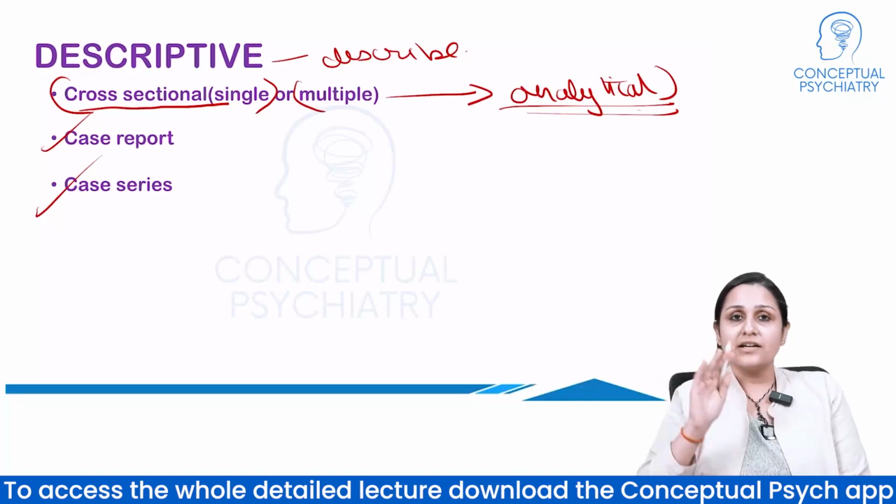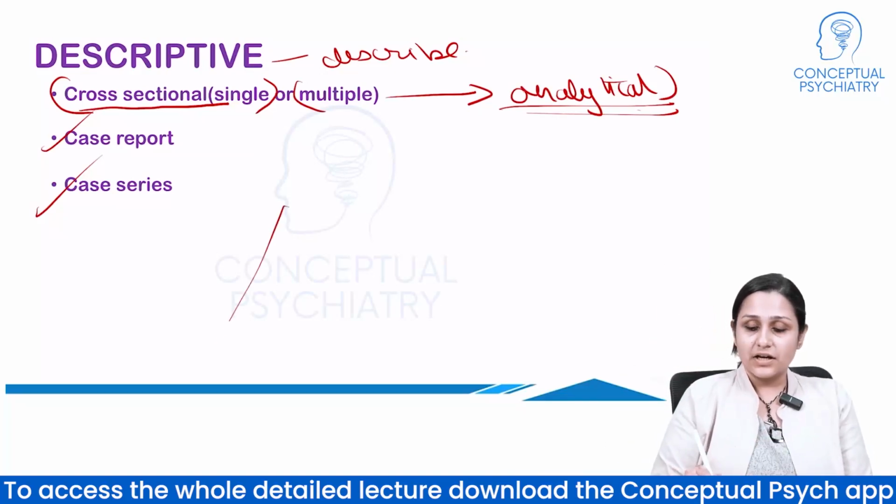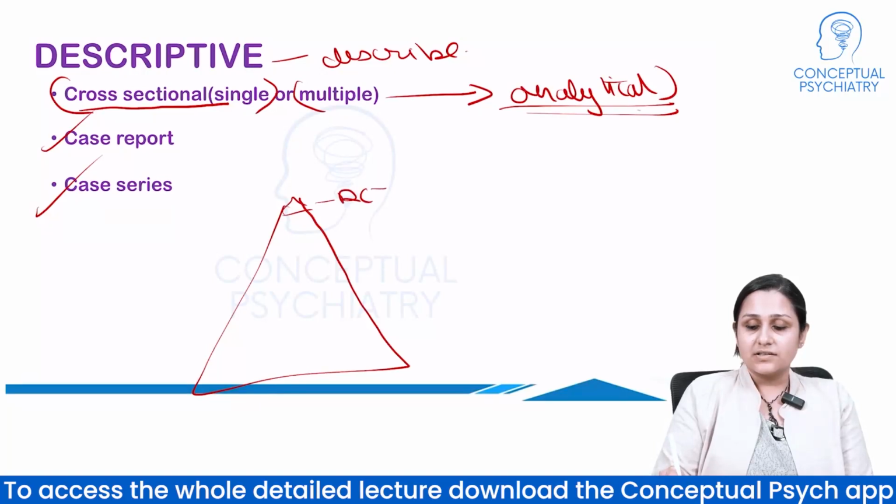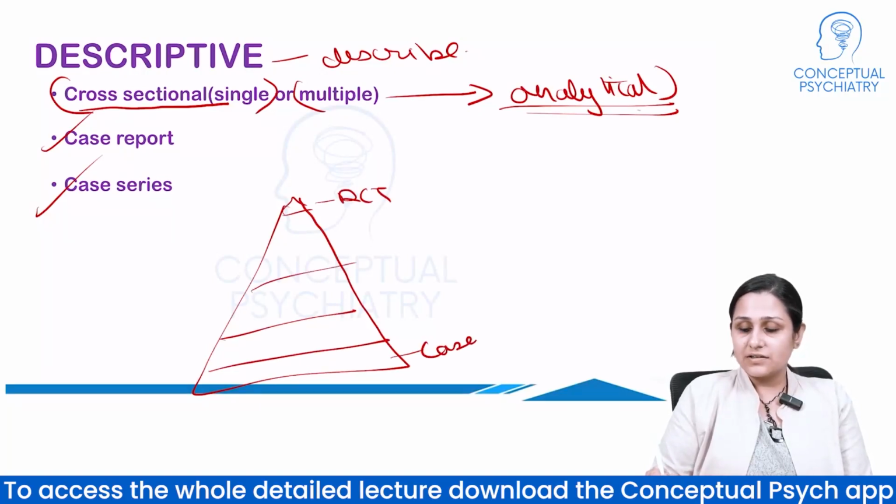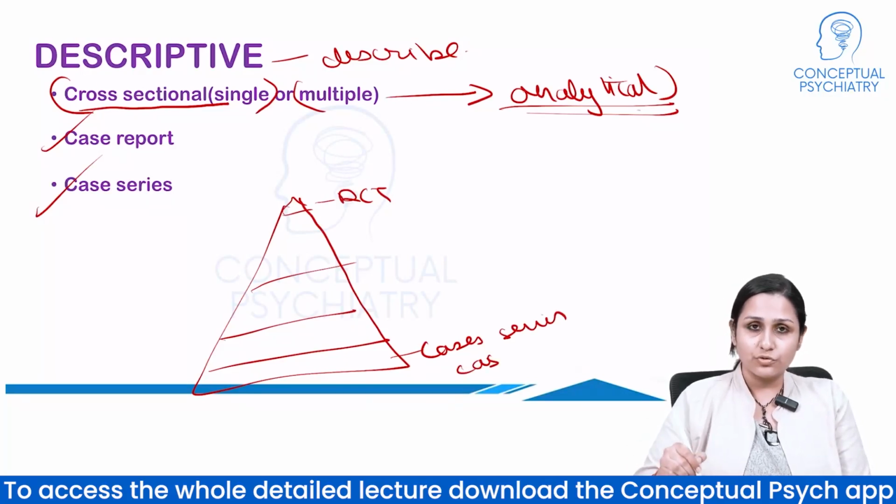Now, there is a hierarchy of evidence, okay? At the top, it's RCTs, and at the very bottom, it's case series, case reports. And this is something that also appears in the exam. So, you should know this hierarchy of evidence.